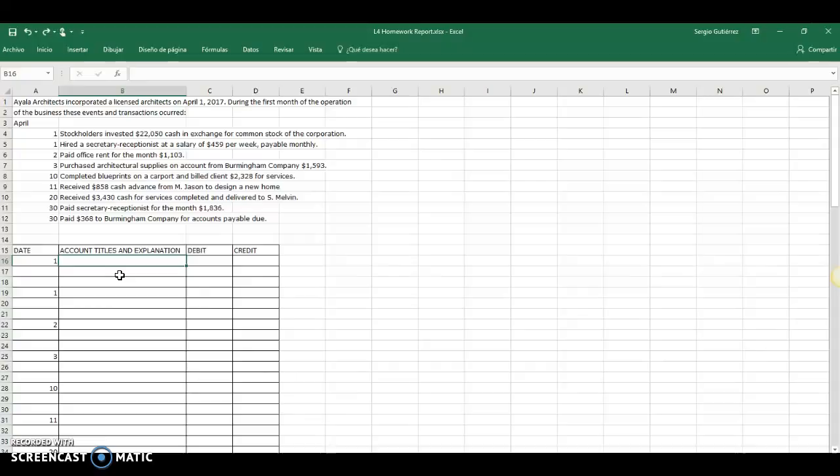So what we are going to do is to journalize all these transactions in chronological order. So the first thing we have to do is to journalize what happened on the first day of April.